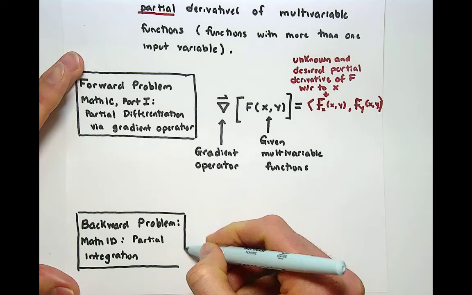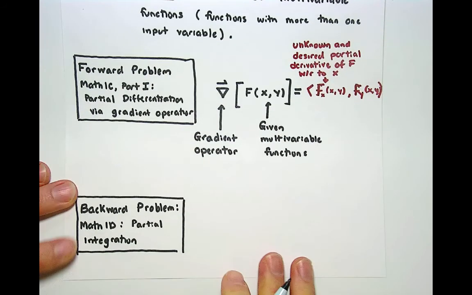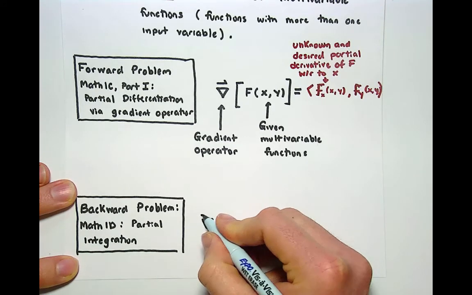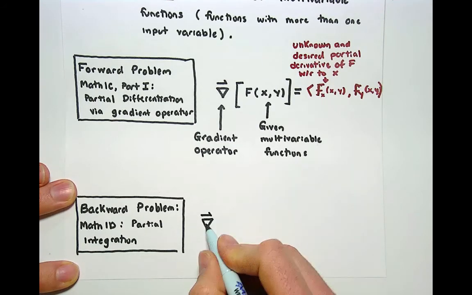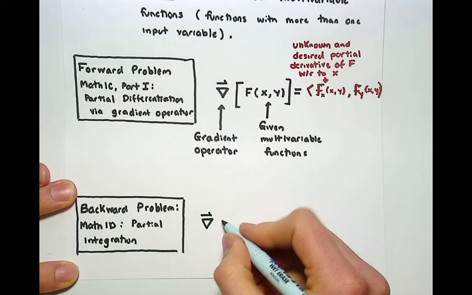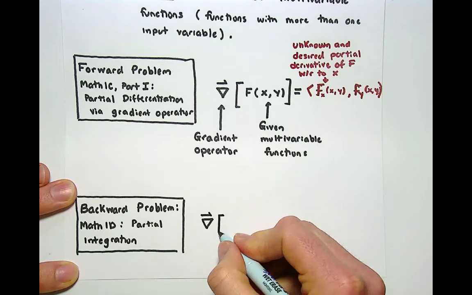Okay, just as before, we start with the same derivative operator. In this case, it's known as the gradient. The gradient is a vector because it produces more than one output function.